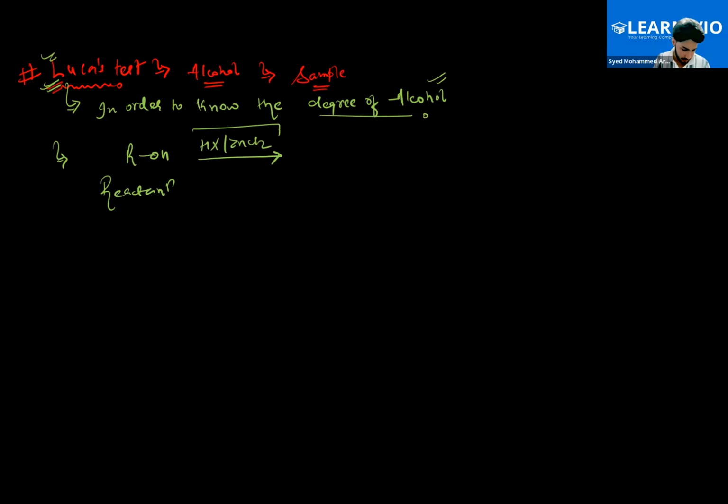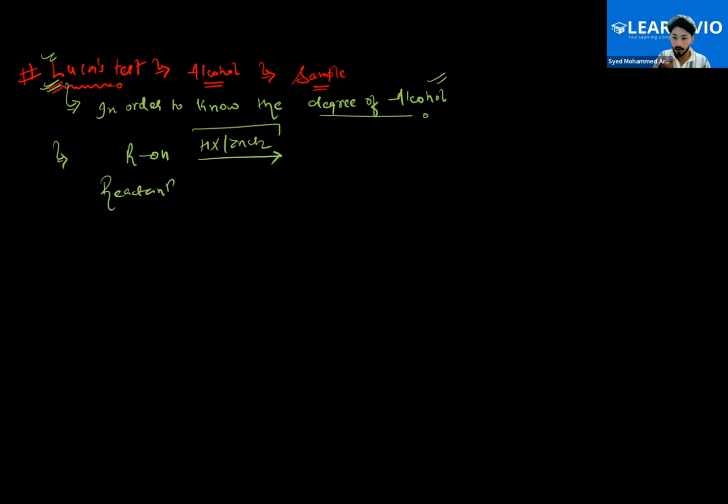In the method of preparation, page number 294 according to my NCERT, where the preparation of haloalkanes from alcohol is given, in that paragraph, on the 12th line, it is written that the order of reactivity of alcohols with a halo acid is 3 degree, 2 degree, 1 degree.